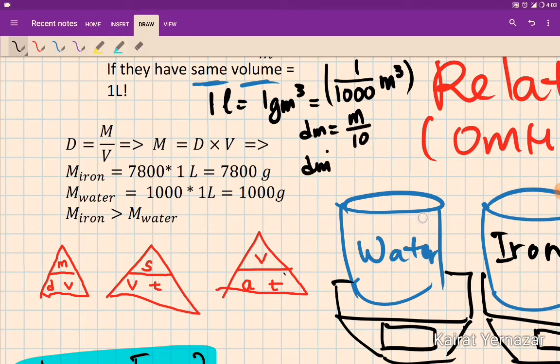So decimeter cube equals meter cube divided by 1,000. We need to take both into cubes.